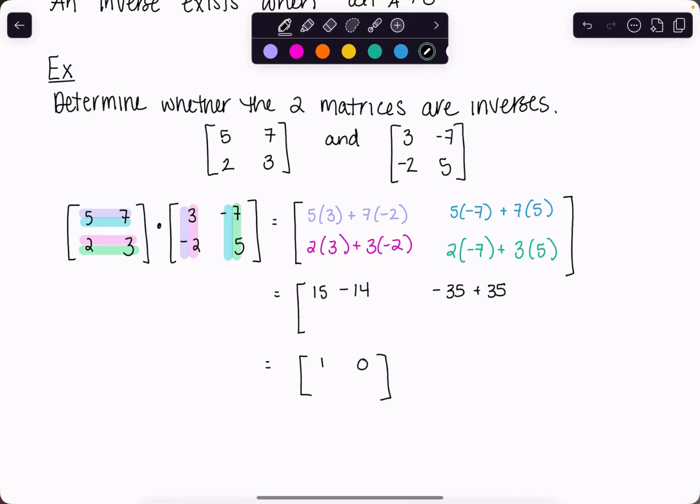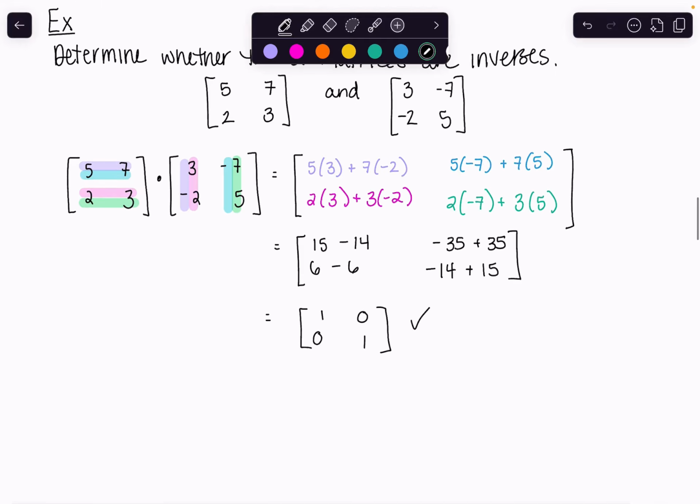Then 2 times 3 is 6. 3 times -2 is -6, so we get 0. And then this one is -14 plus 15. So we indeed end up with 1. So this is looking great. This multiplication did result in an identity matrix of order 2.